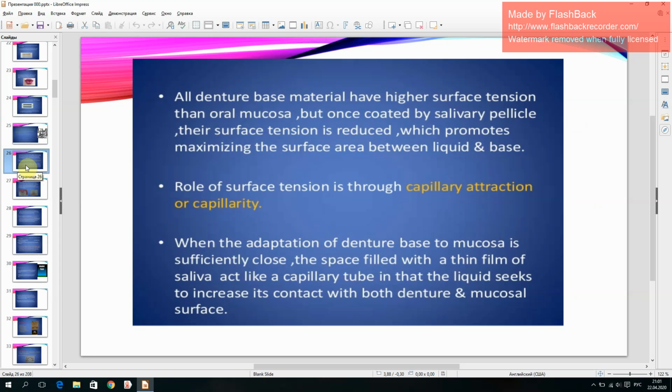When the adaptation of the denture base to the mucosa is sufficiently close, the space filled with a thin film of saliva acts like a capillary tube in that the liquid seeks to increase its contact with both denture and mucosal surface.